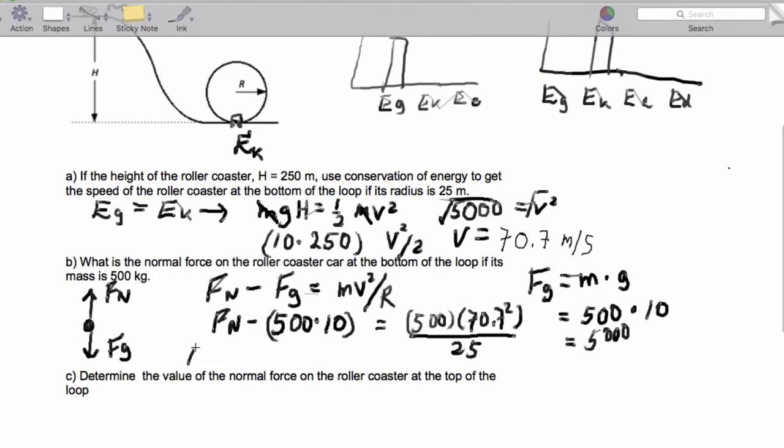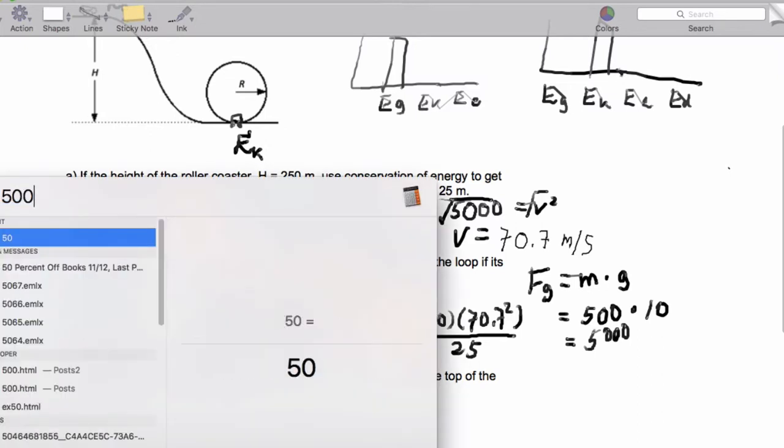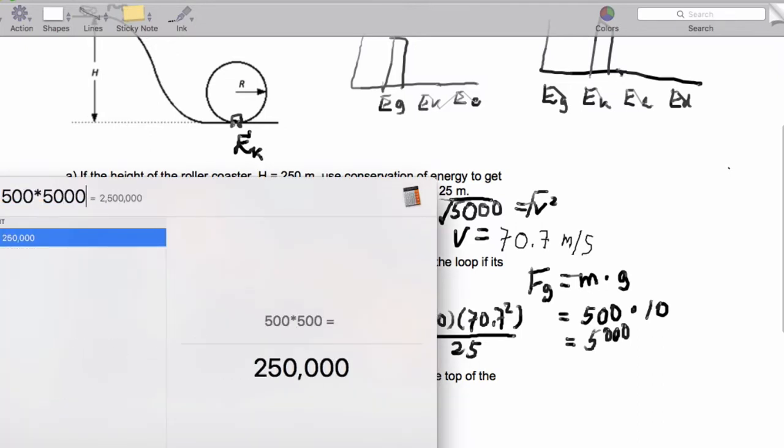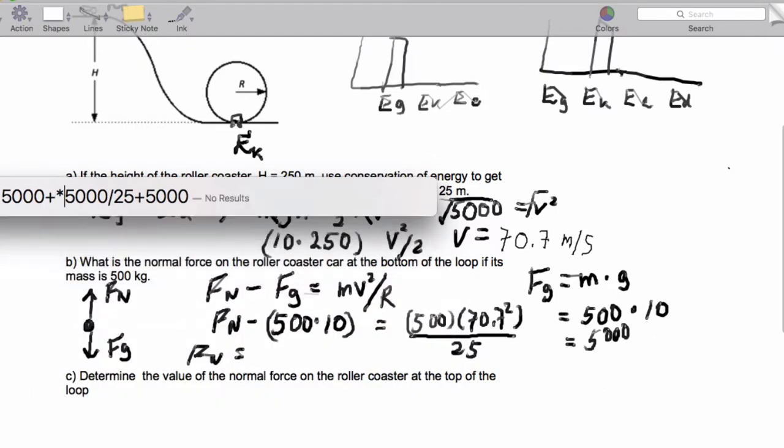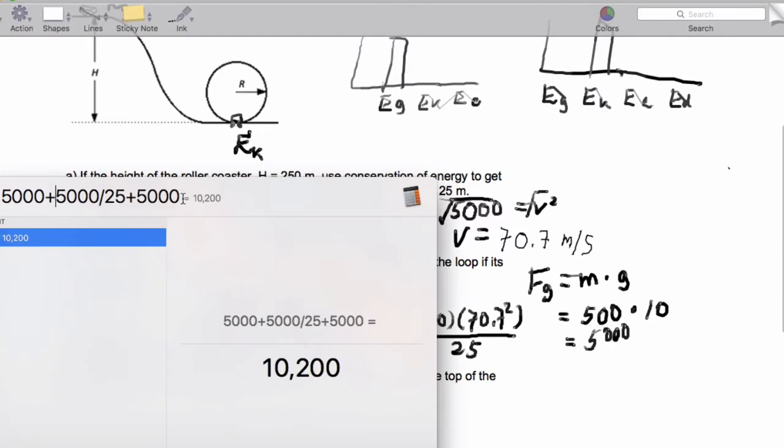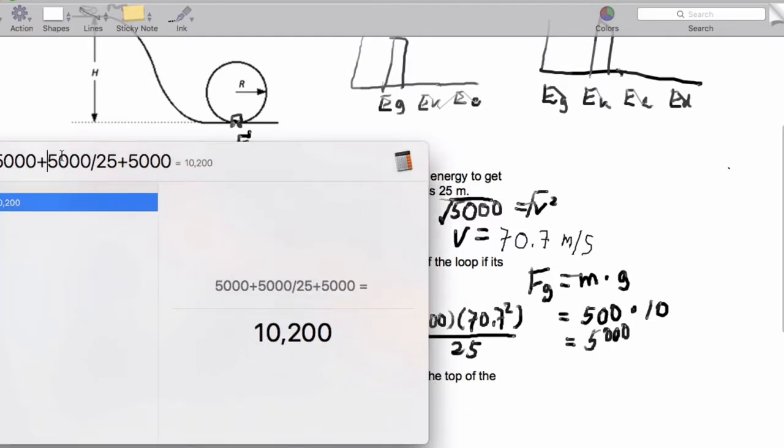So let's work all this out, and we're going to get a pretty big normal force here, just to be clear. Let me just double check this one more time.